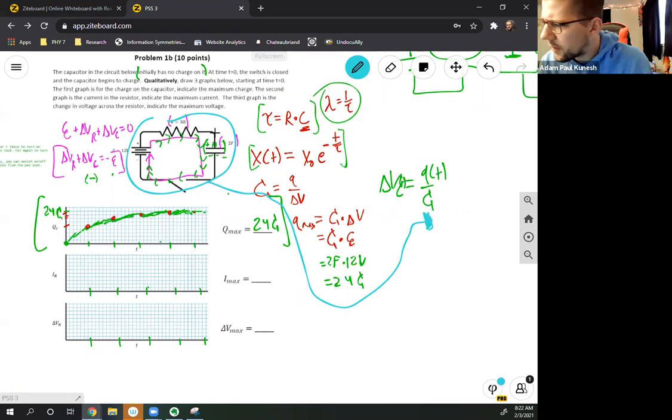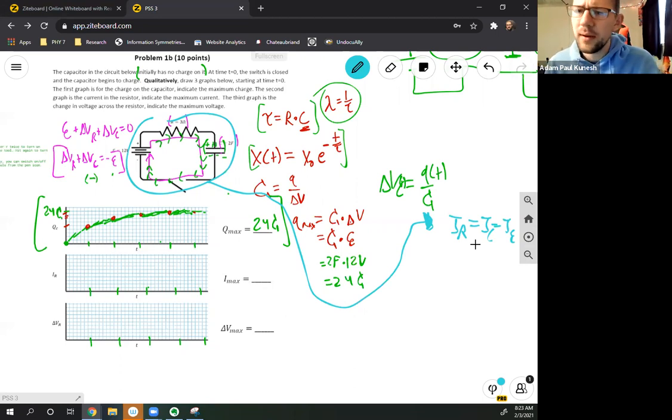The fact that it's all part of the same loop means that there are no junctions, which means that the current through the resistor is the same as the current through the capacitor, which is the same as the current leaving the battery. So all of those currents are going to be the same. Why? This is like the fluids, where there's a notion of continuity.